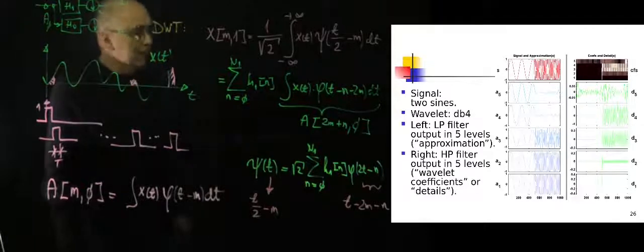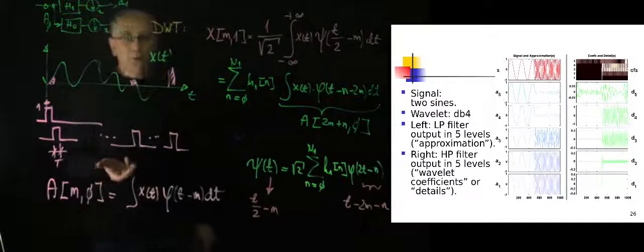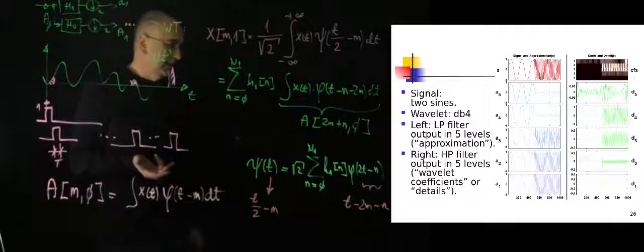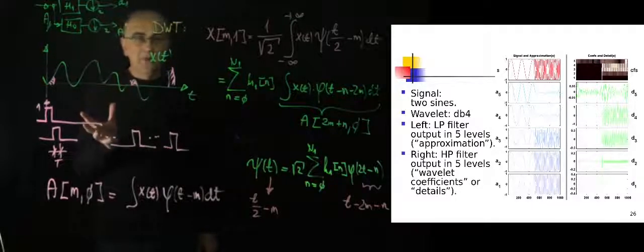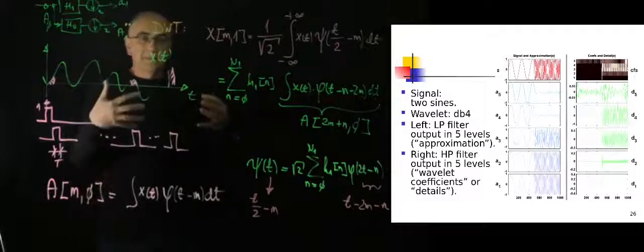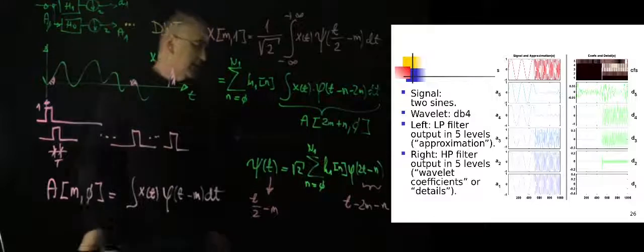We can see that it is almost everywhere zero. The wavelet used was Daubechies-4, which is an orthogonal wavelet where the H0 filter had 4 zeros at the Nyquist frequency.